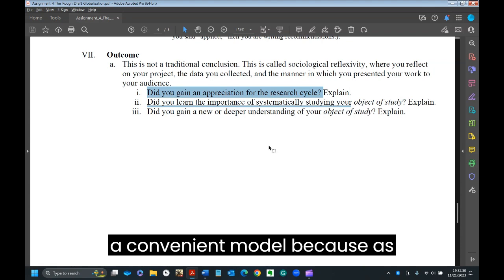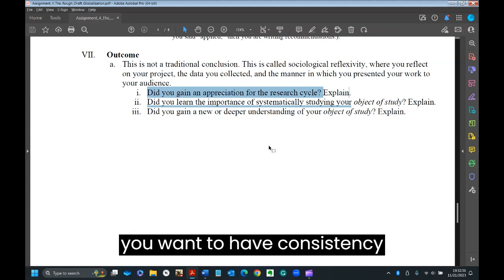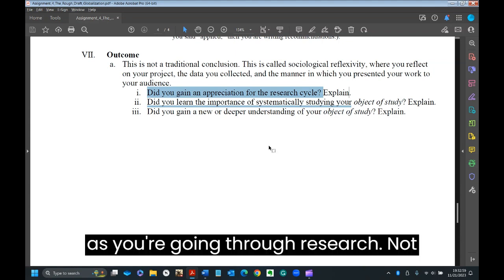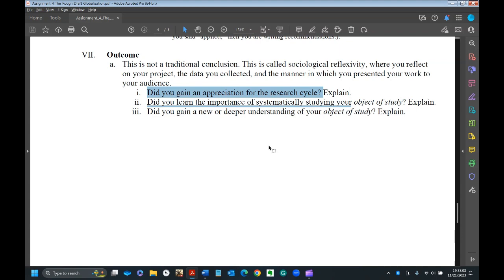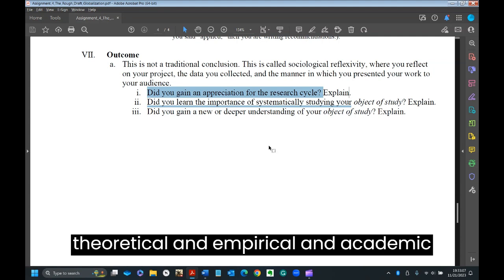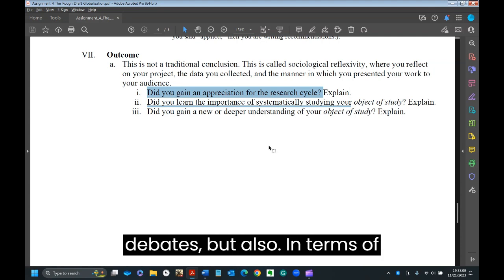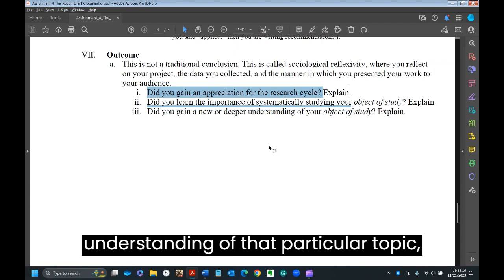And it's a convenient model because as part of the scientific methodology, you want to have consistency as you're going through research. Not only consistency in terms of how it relates to larger theoretical and empirical and academic debates, but also in terms of how your research contributes to understanding of that particular topic.